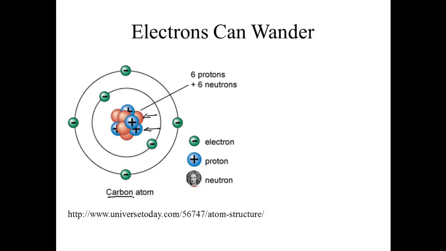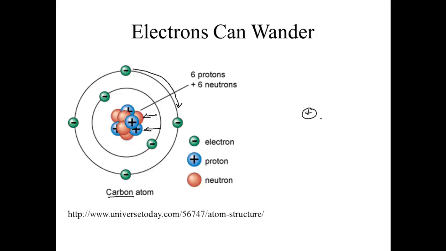If it has 6 protons, it's a carbon atom. But these electrons are able to move, and normally they move around the nucleus. This is called a planetary model because the electrons encircle this inner nucleus, kind of like a planet. But here's the thing. Any electron is kind of interchangeable with any other electron.